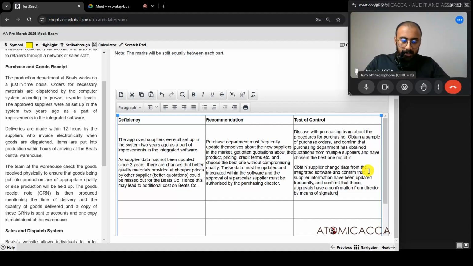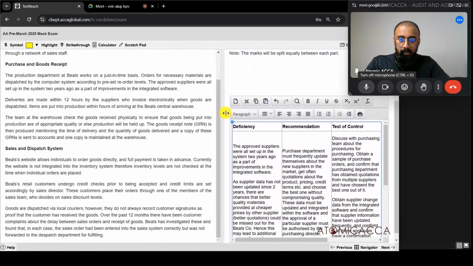Okay. So we tested whatever we recommended as well, and with that we are done with 3 marks for our first case. So one down, we need 4 more issues to find out. Let's continue reading.